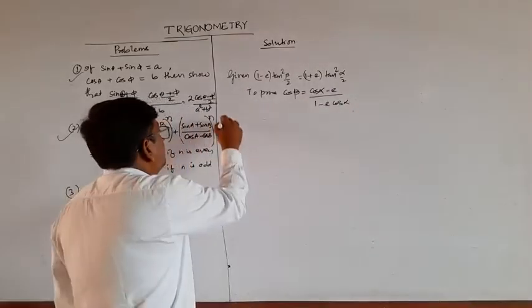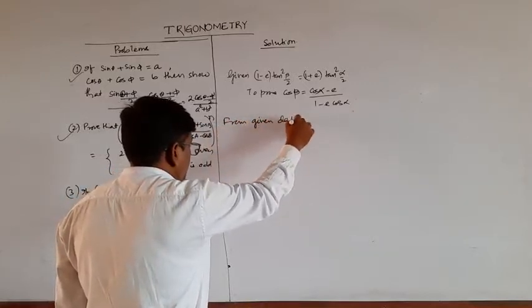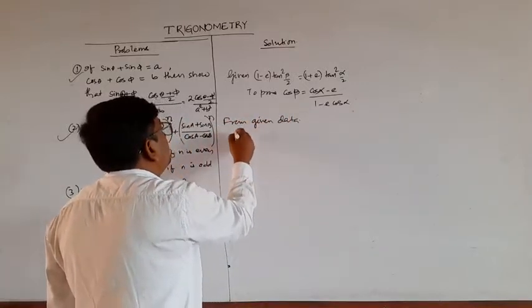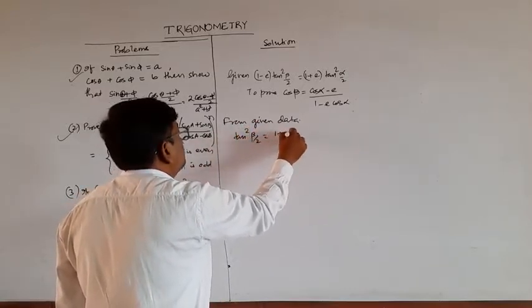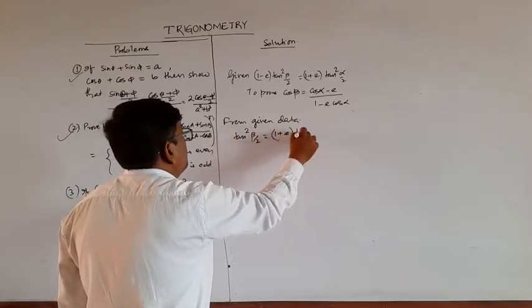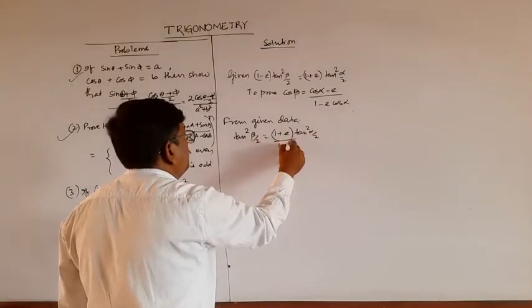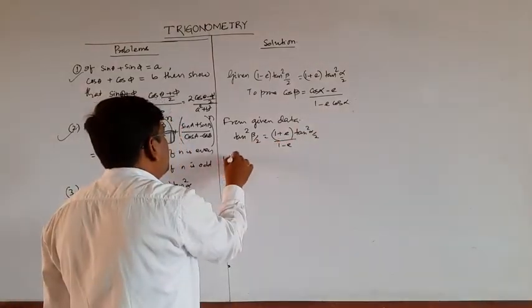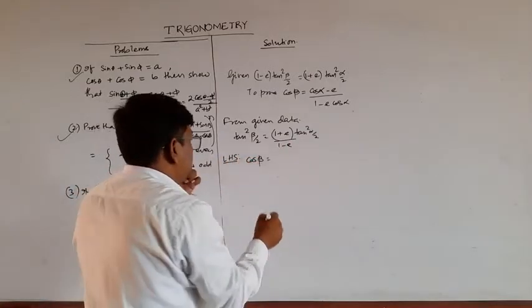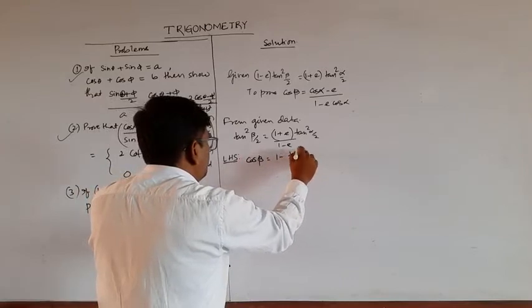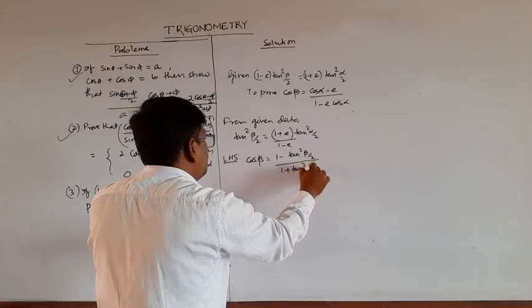Now from given data, tan square beta by 2 is equal to (1 plus e) into tan square alpha by 2 divided by (1 minus e). Now left hand side, cos beta in terms of tan beta is what? 1 minus tan square beta by 2 divided by 1 plus tan square beta by 2.